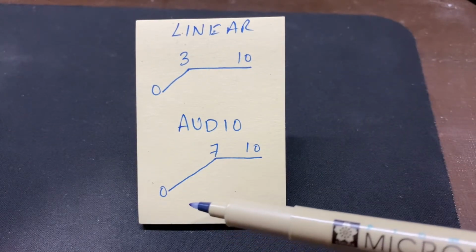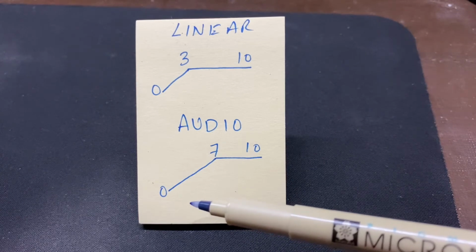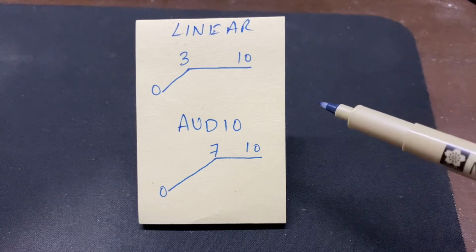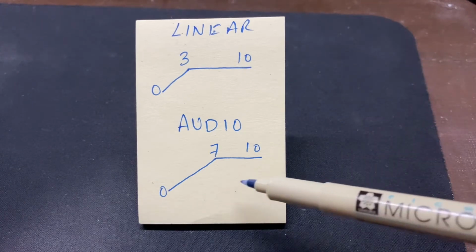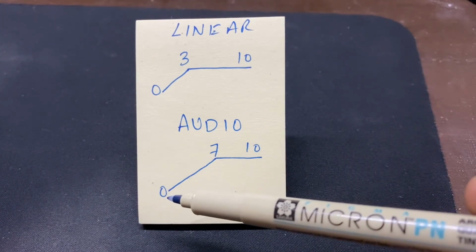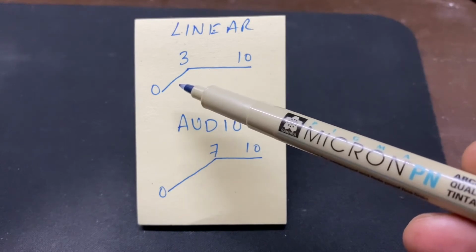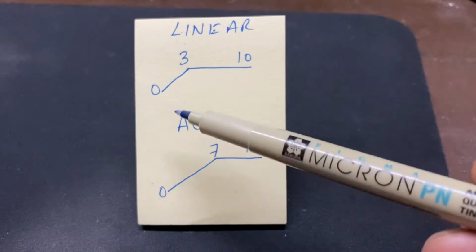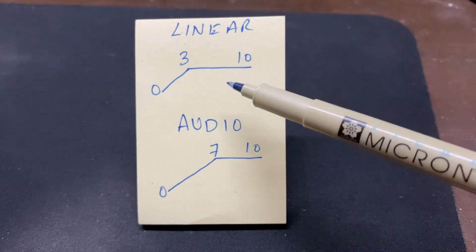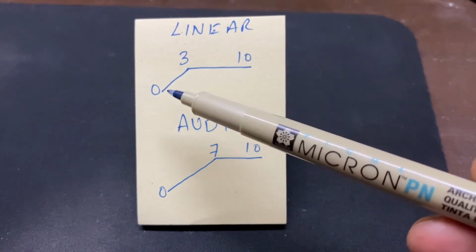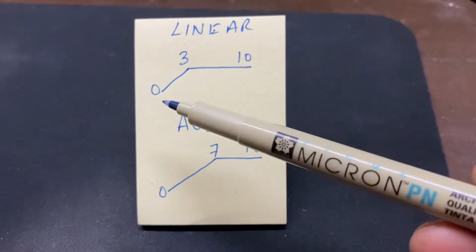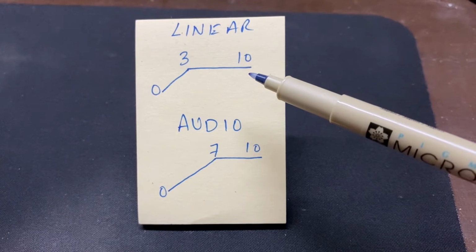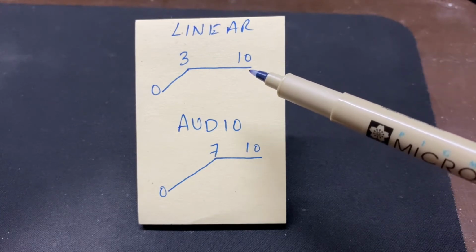This is important when you are deciding the kind of potentiometer you want. For example, if you use a linear in a volume control, that's not how our ears perceive volume. When we turn the knob, we expect the volume to gradually increase, not just increase between the first few notches and then stay flat all the way up to 10, because that doesn't serve the purpose.